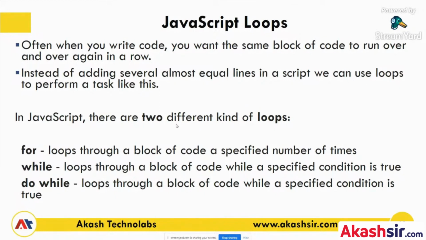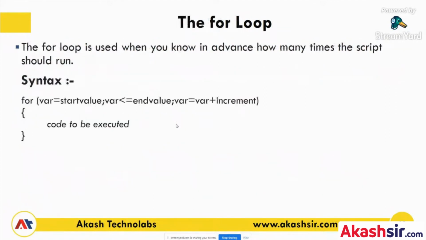I hope you are also using for loop most of the time when you are programming. For loop is used for printing some messages. For example, I want to print 1 to 100, right? The for loop is used to know in advance how many times the script should run.